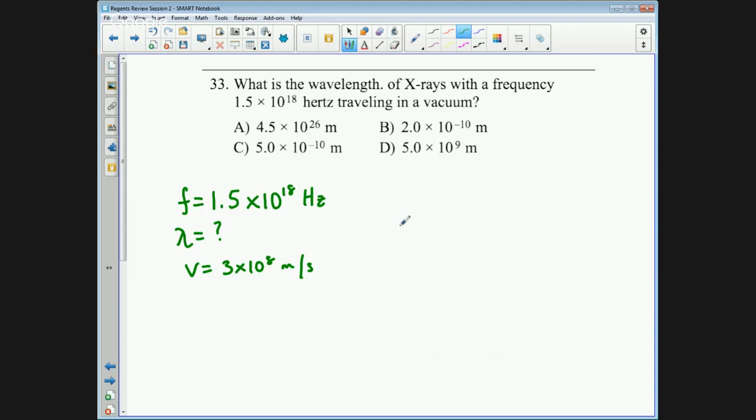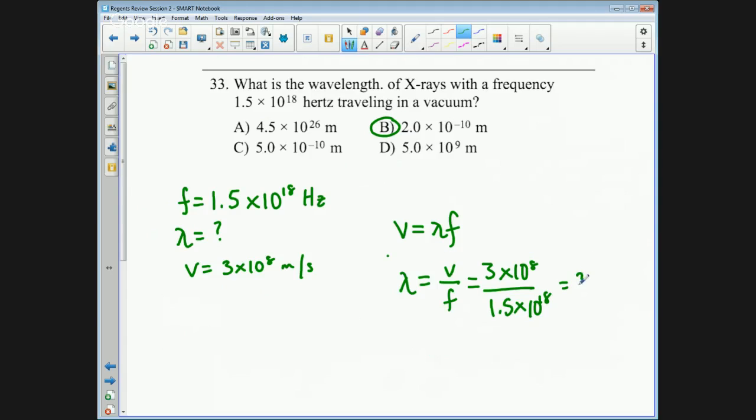The formula is the wave equation. V equals lambda times the frequency. Is that correct? I always forget. Yeah. So solving for lambda, we get V over the frequency, which is 3 times 10 to the 8 over 1.5 times 10 to the 18. And we get 3 divided by 1.5, which is 2, times 10 to the negative 18 meters. Okay, that's the answer.